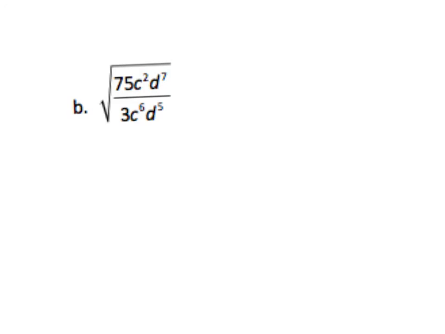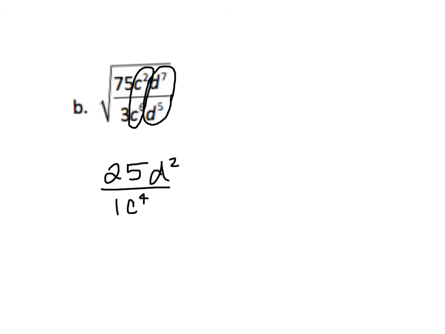That's going to be 25 over 1. And then remember, when you have c to the second and c to the sixth, you subtract those exponents, so it'll be c to the fourth on the bottom because the c is the larger one. And on the top, you'll have d to the second, because d to the seventh minus d to the fifth, and it goes on the top because the 7 is larger than the 5.